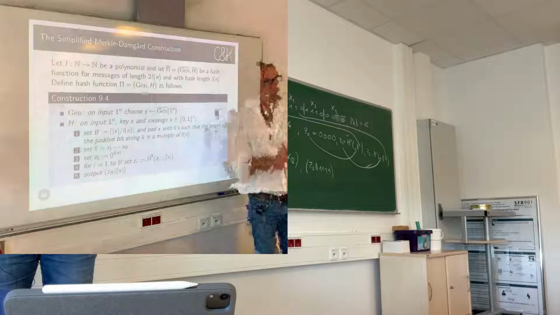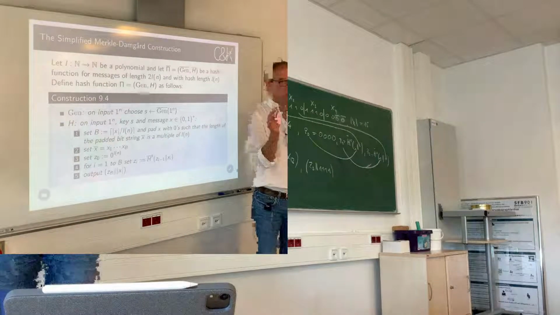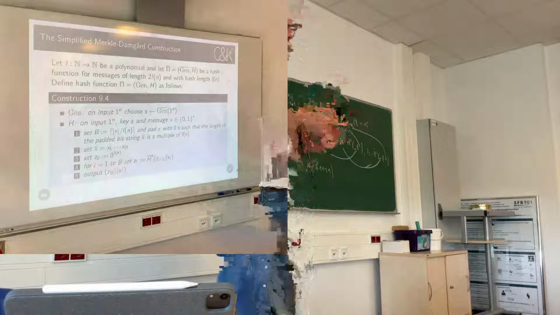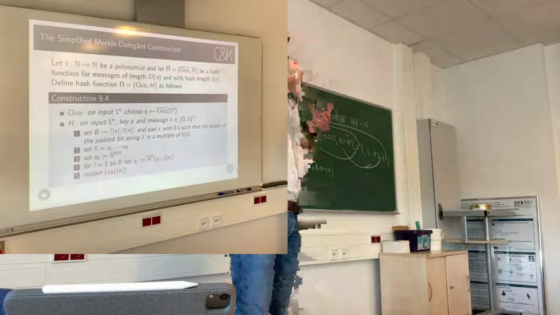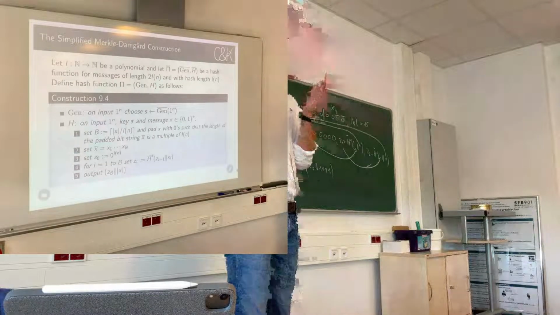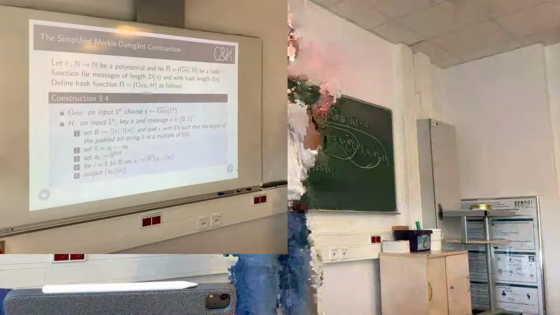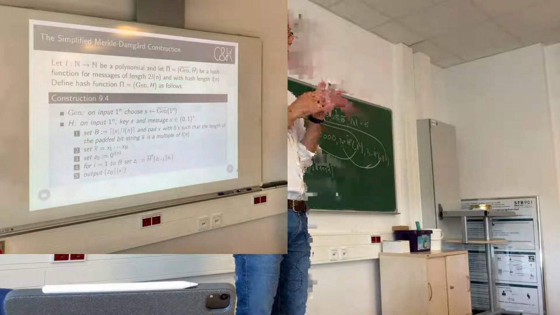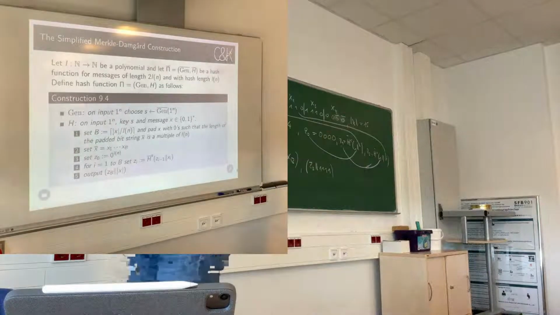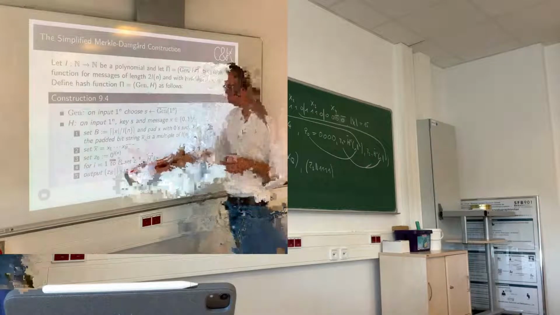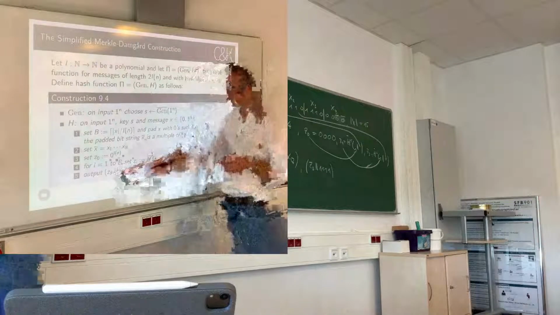It need not be exact, as we will see, but you need some information on the length of the original message so that you don't get collisions just by padding. But as we'll see, this extension here is too wasteful.